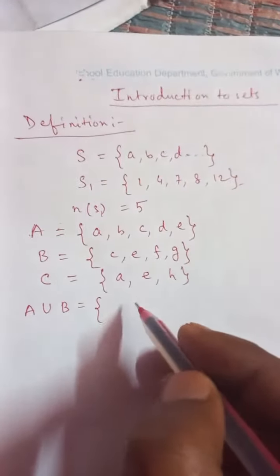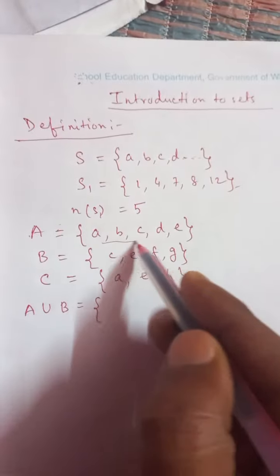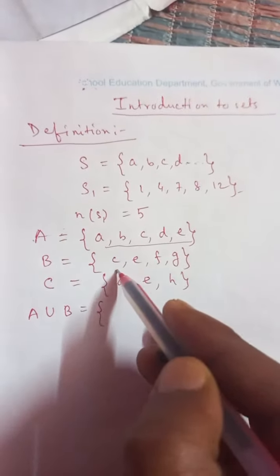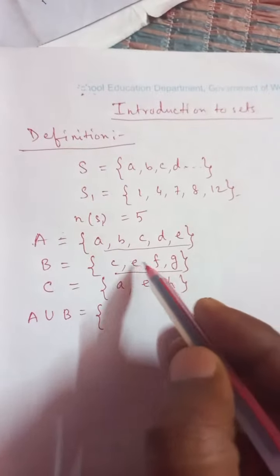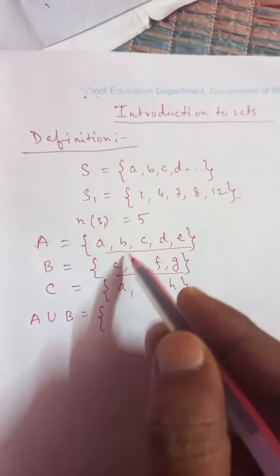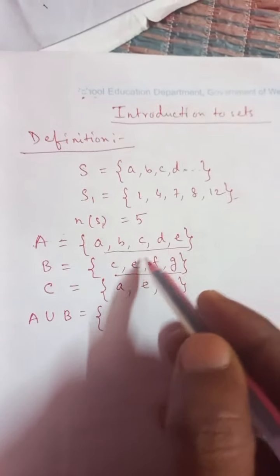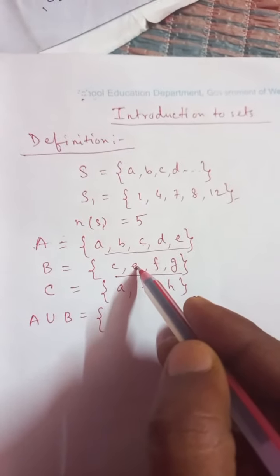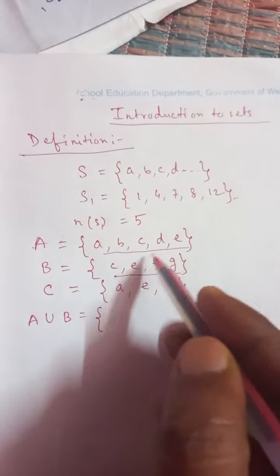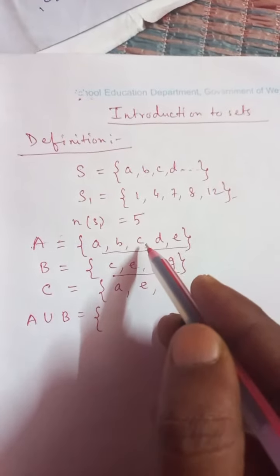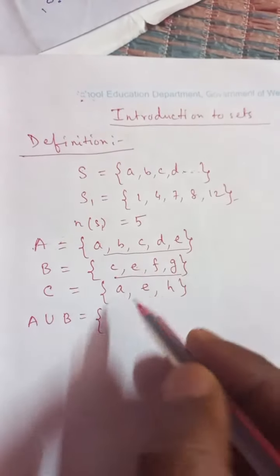There are 5 elements in the set A and 4 elements in the set B. So we have to take all these elements, but common elements like C and E cannot be written twice. We will take all elements, but we cannot take common elements twice.